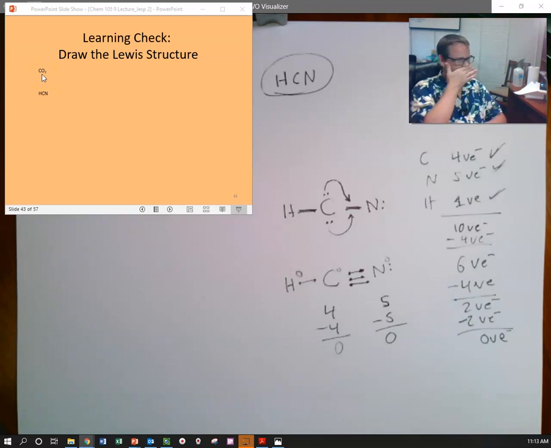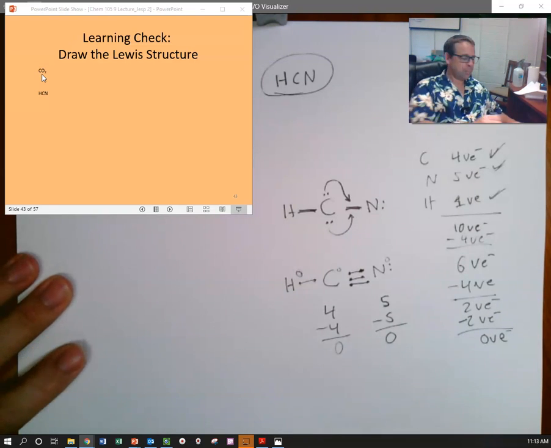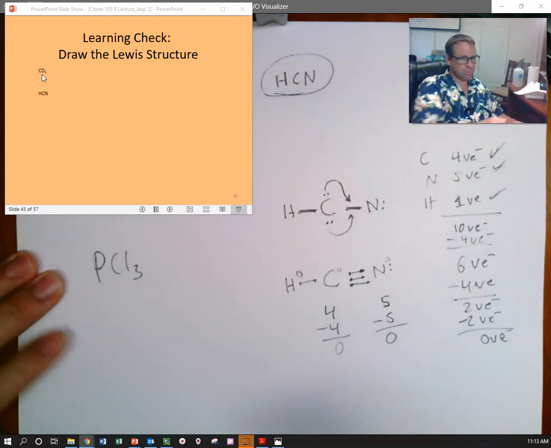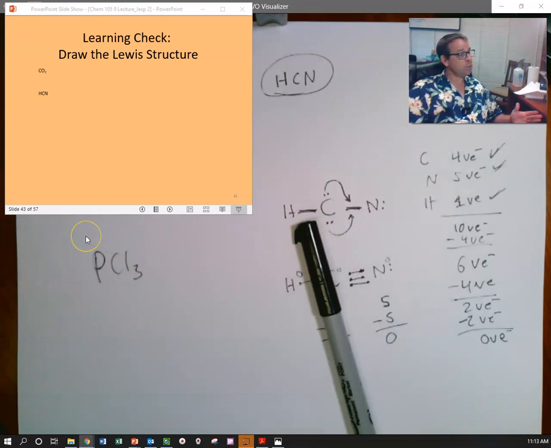All right, so let's try to draw the Lewis dot structure for PCl3. We're going to do this in our breakout groups.